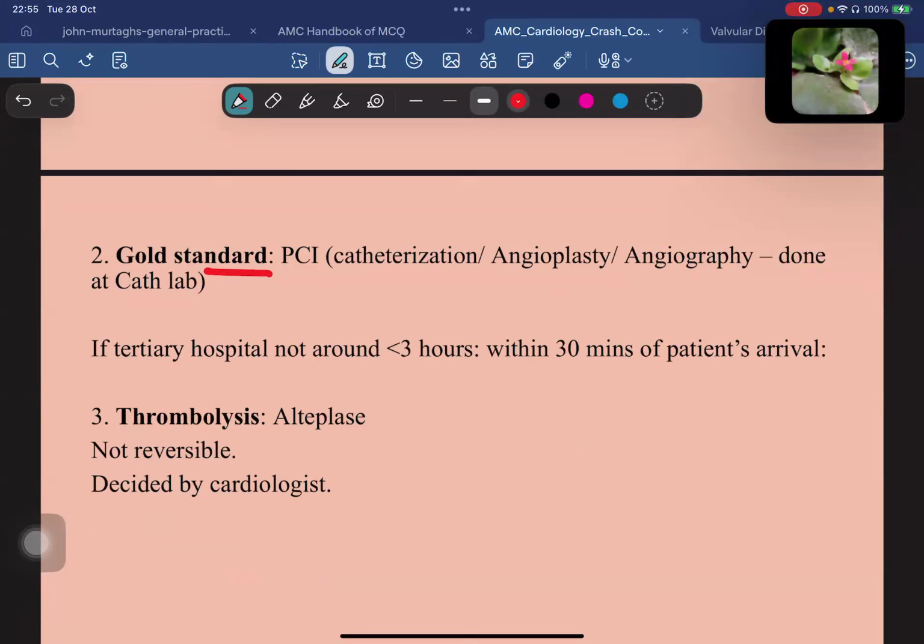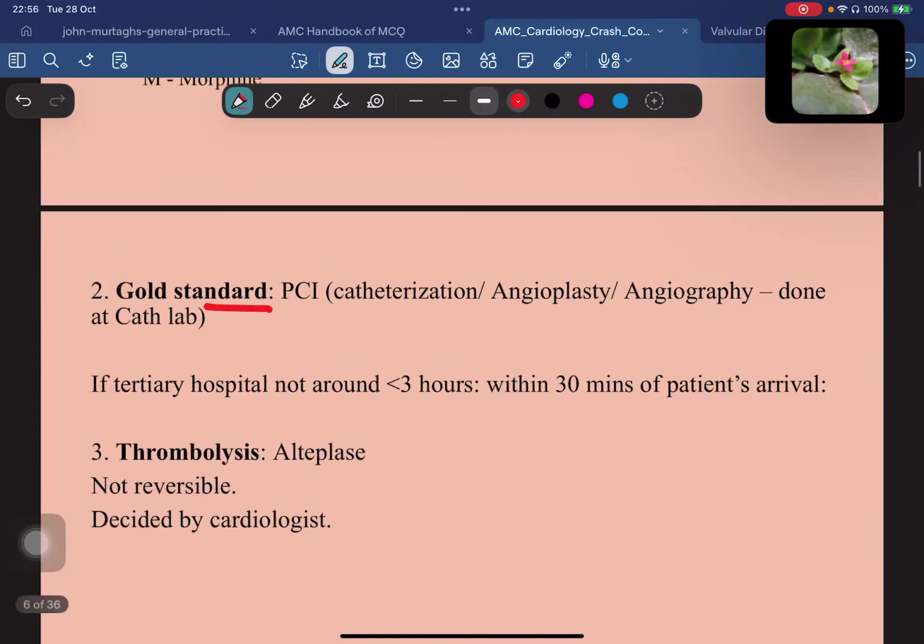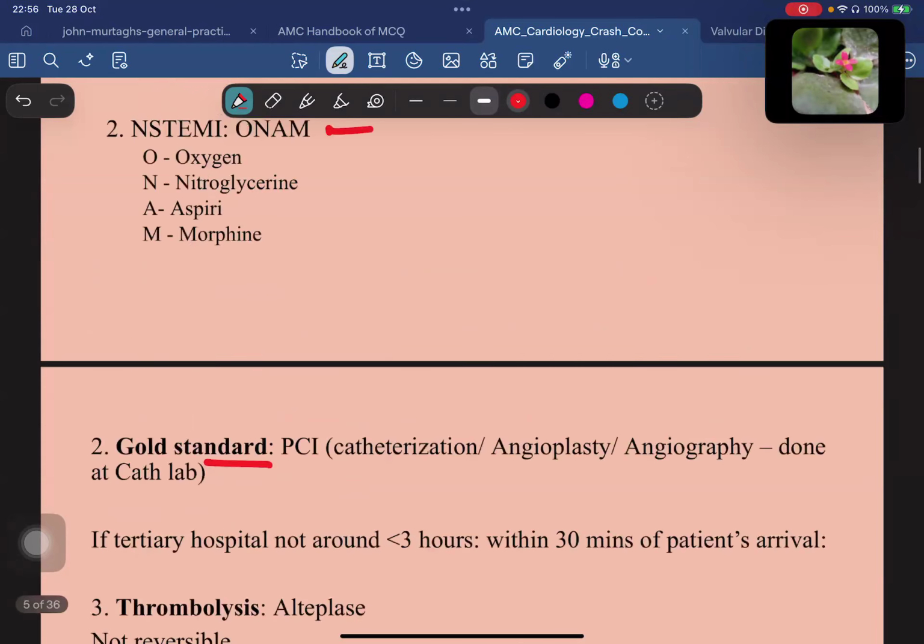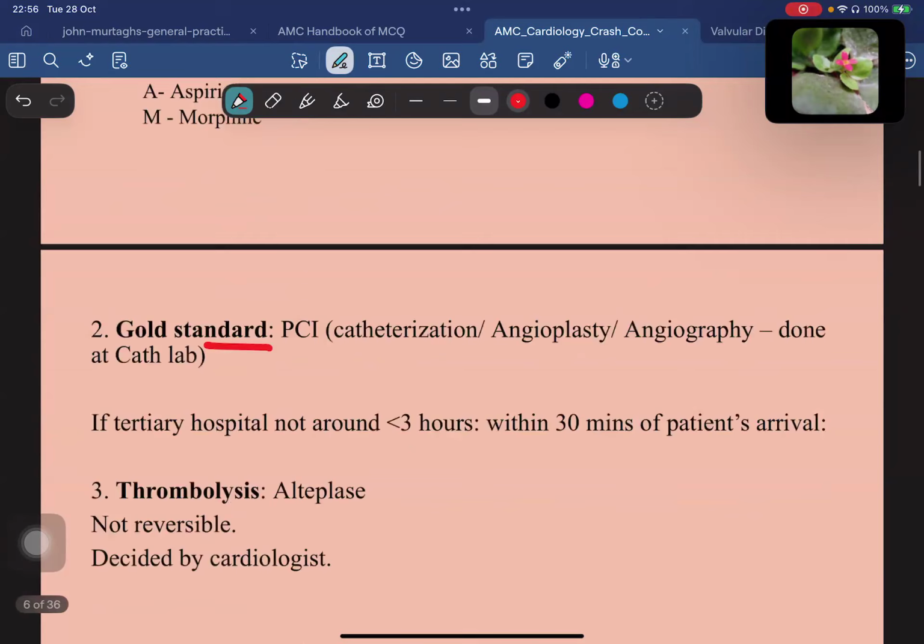So I think it's always good, while making your notes, to open up a separate section to write gold standards in AMC. So maybe if you start studying with cardiology, you can start writing gold standards for cardiology. So remember, the gold standard treatment, the management, would be PCI.